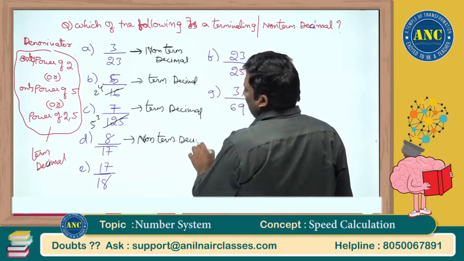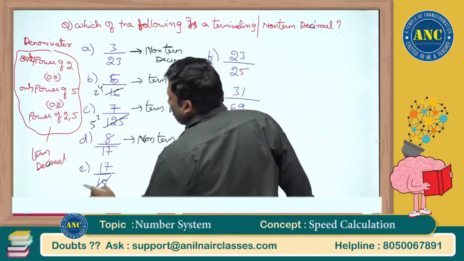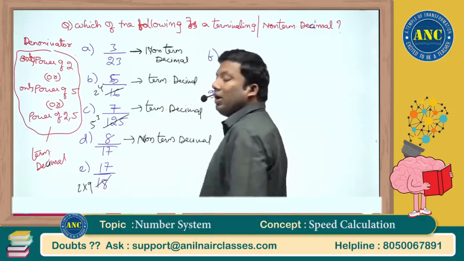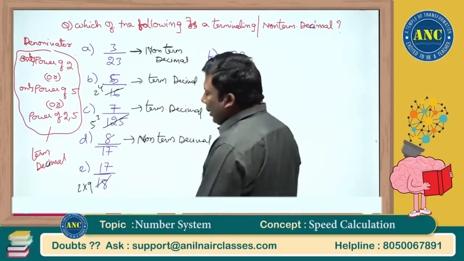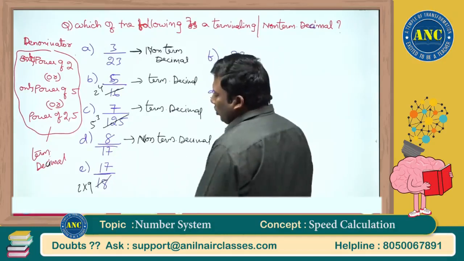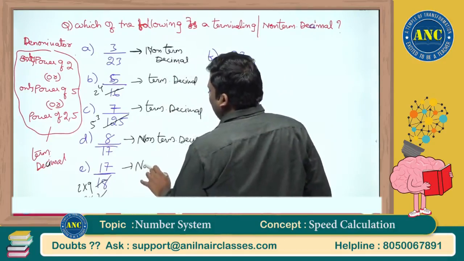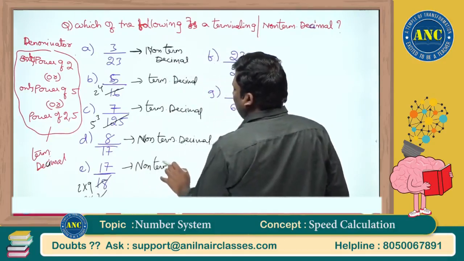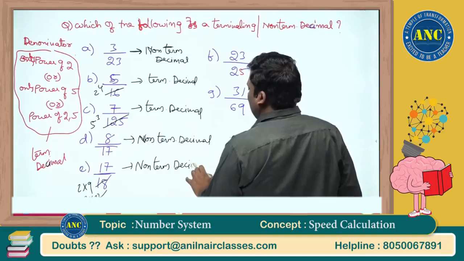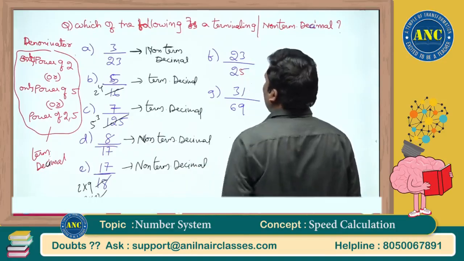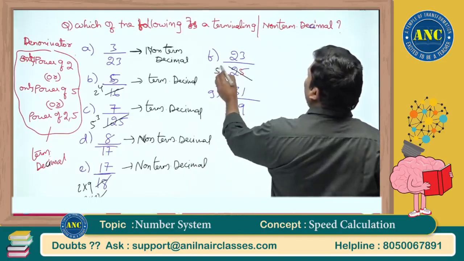18, it is 2 into 9. It should only be a combination of 2 and 5. It is a combination of 2 and 3. Prime bases are 2 and 3. Answer is, it is a non-terminating decimal. 25, it is 5 square.